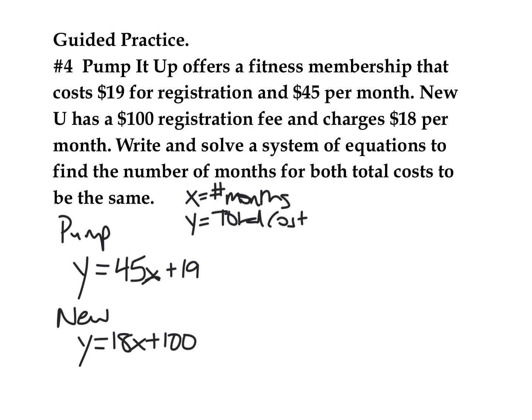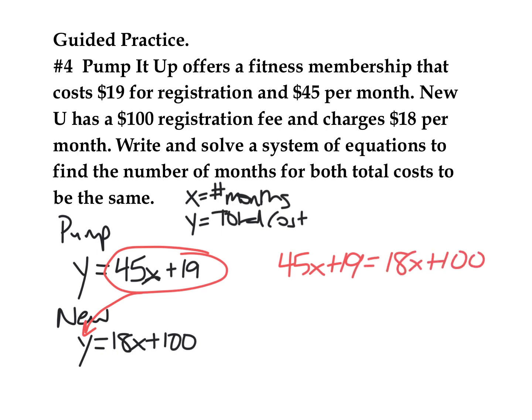Now to substitute, we know the first equation is solved for y, and so is the second one, so you could replace either one into the other equation. I can replace the y with 45x plus 19. So I'm going to have 45x plus 19 equals 18x plus 100. Now I can solve this equation. I can subtract 18x on both sides.